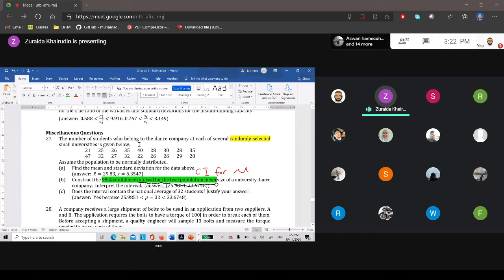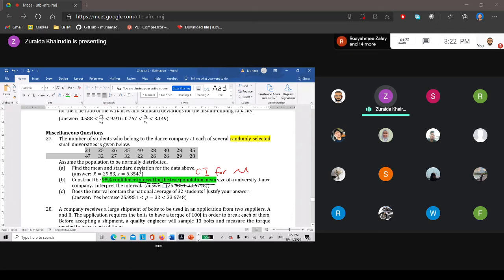Question 27: the number of students who belong to a dance company at each of several randomly selected small universities. When we say randomly selected, we can say that these are samples. From a large population, we select samples, and this is the result for these samples. Assume the population is normally distributed.